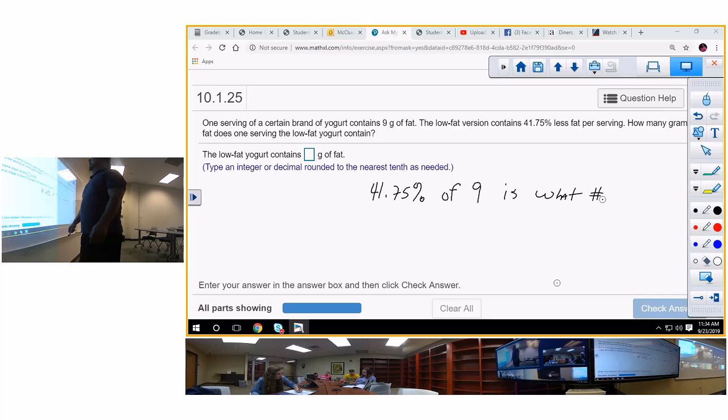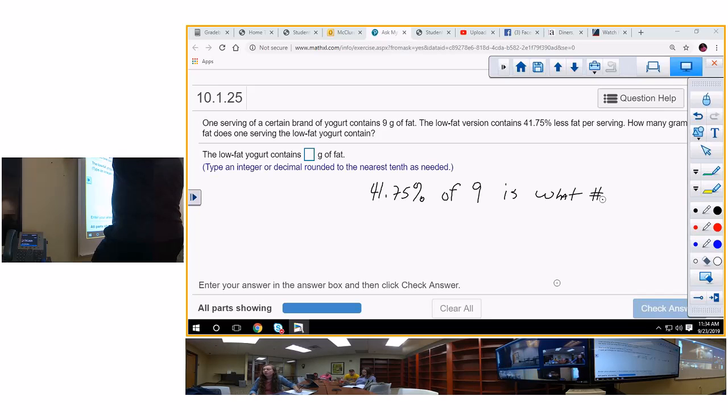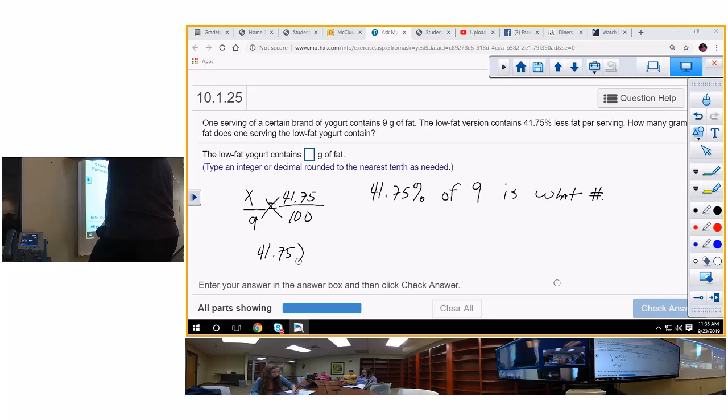So is over of equals percent over 100. 41.75 over 100 is equal to is over of, and now 41.75 times 9 is equal to 100x. And somebody give me 41.75 times 9. What do you get?